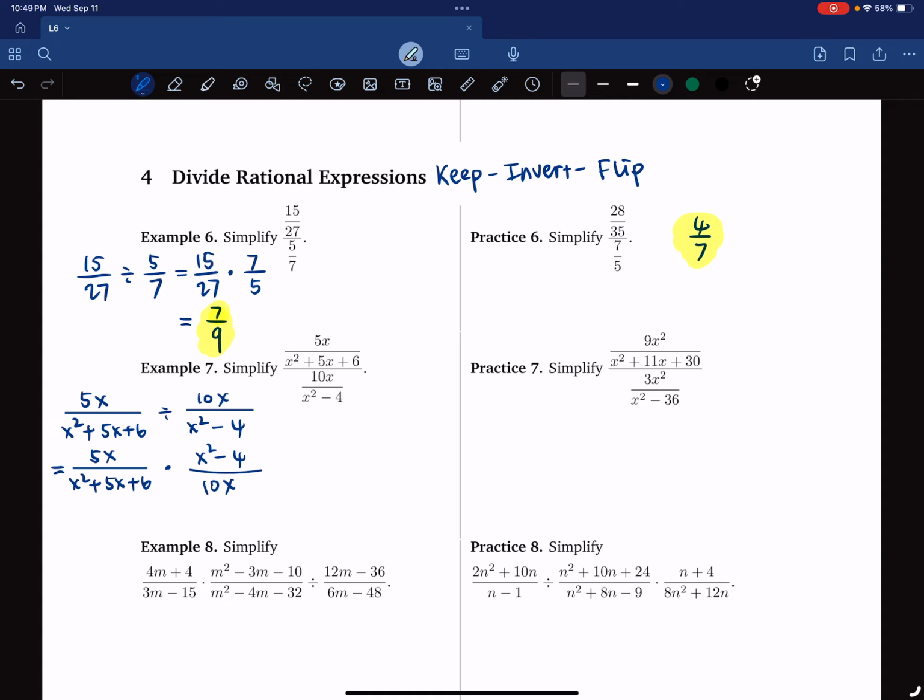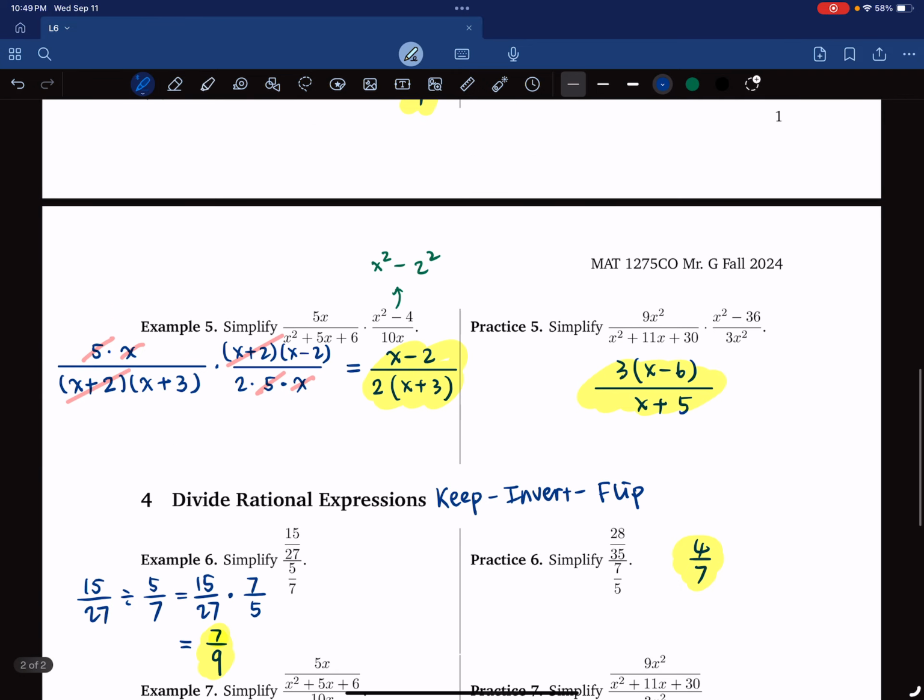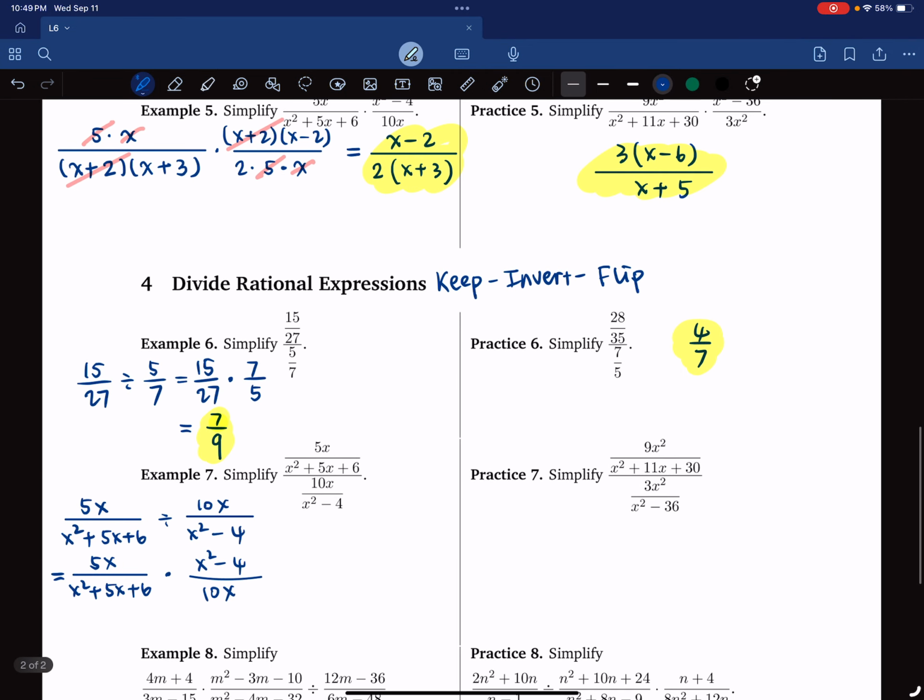And this one is exactly the same as example 5 right here. We did that. So I'm just going to copy the answer because we did that earlier. It's x minus 2 over 2 times x plus 3. Now pause the video and do practice 7.